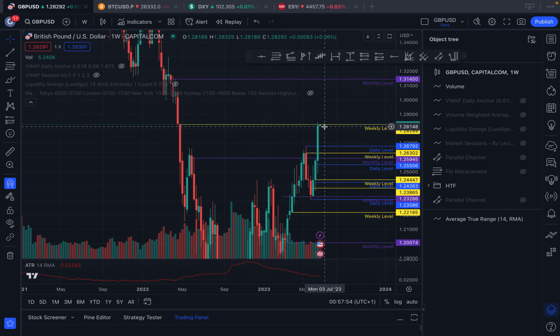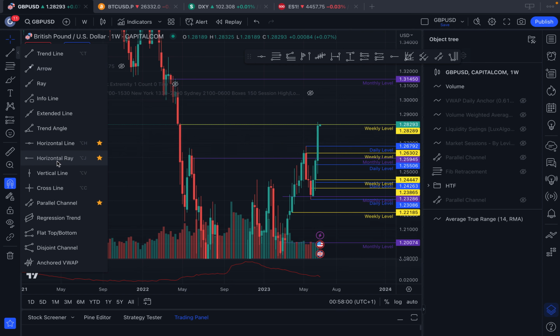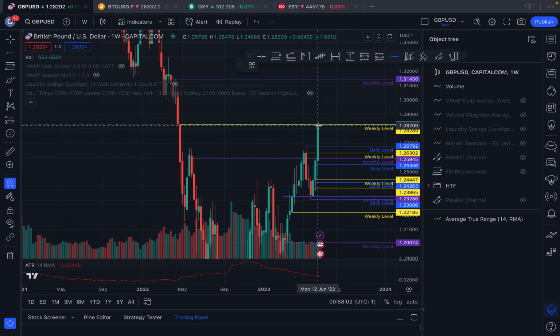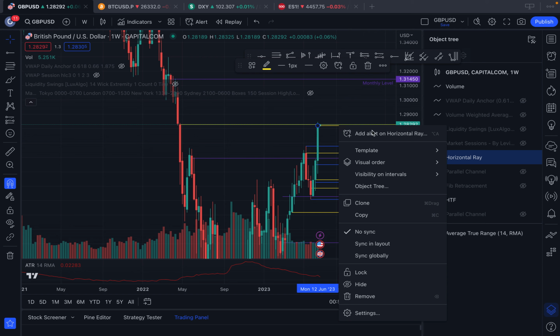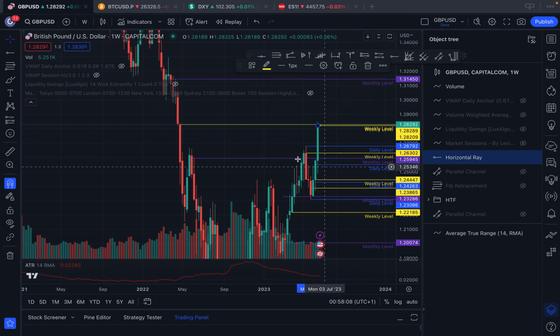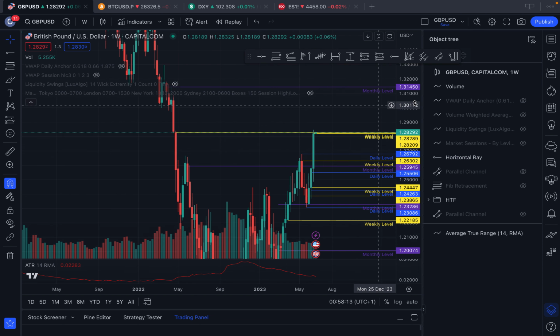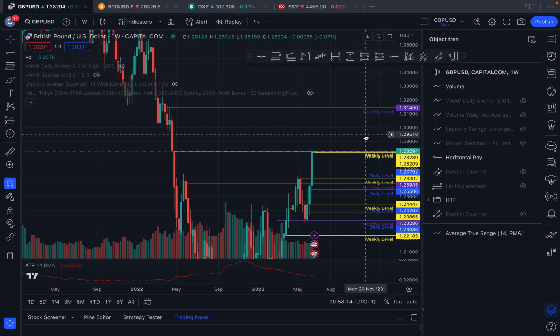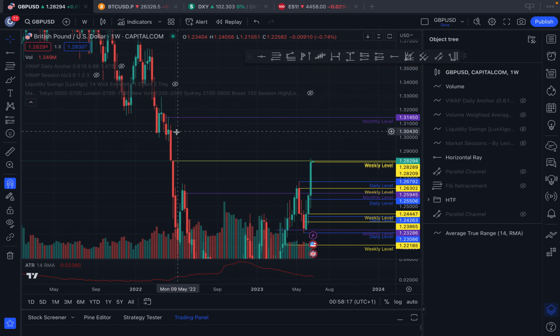But as you can see, we've just got one above that we sort of hit, came back down, so why not? Let's throw another one on there as well. Template, weekly. Okay. So apart from that, above that we've got, which I will now draw, this weekly here, which is untapped.